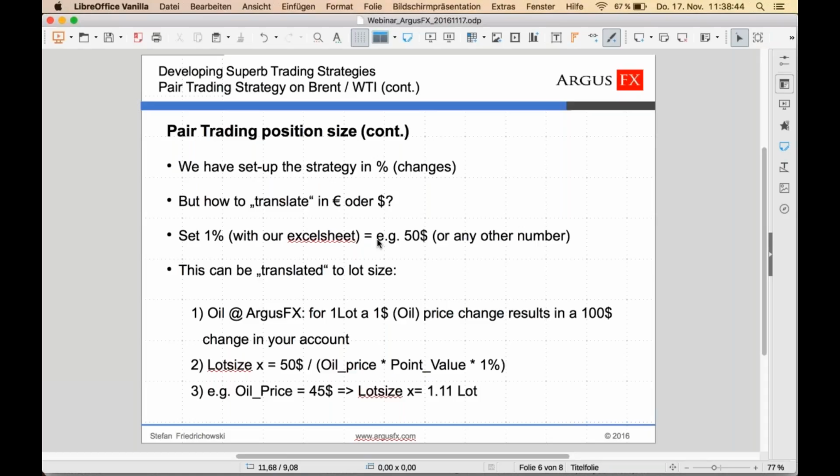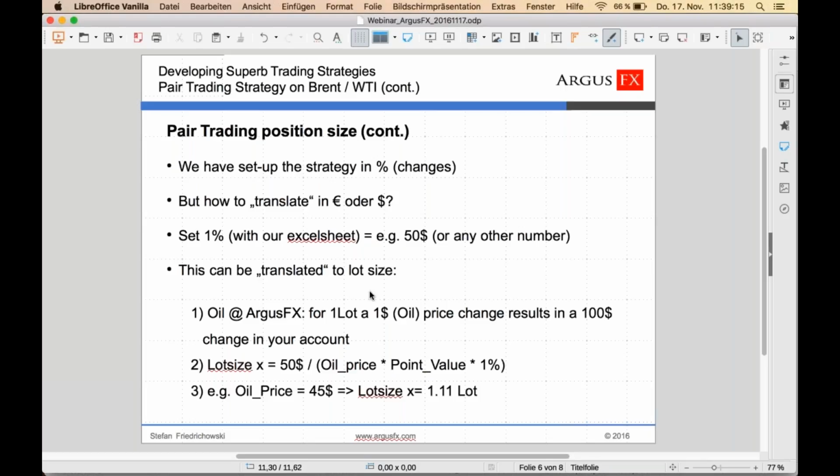If you double the lot size, then you double the trade result. But we have now to translate percentage of anything into a real number with a currency. So, for example, in my case, $50. And now that makes it possible that we finally calculate and determine our lot sizes.